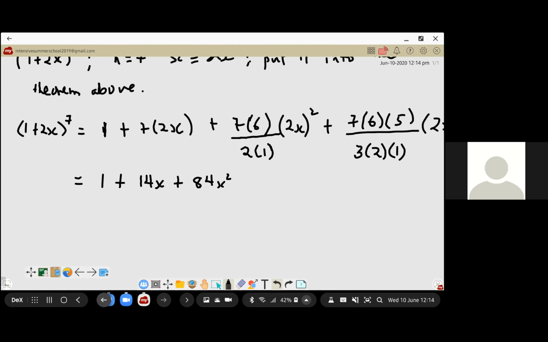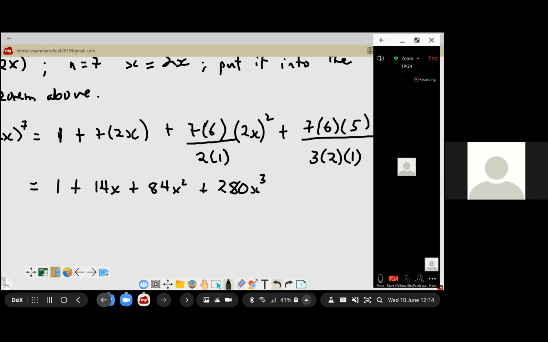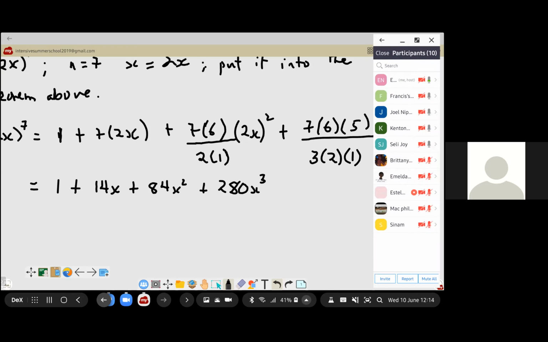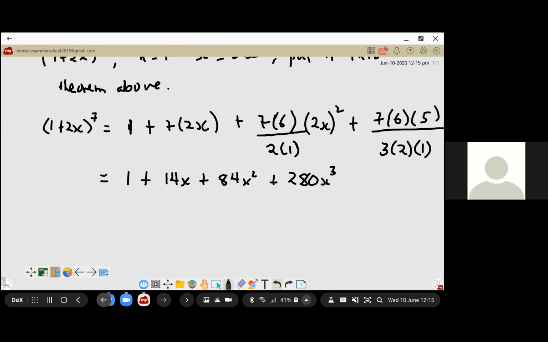Plus 280x cubed. So this will be our answer. (1 + 2x)^7 is equal to 1 plus 14x plus 84x squared plus 280x cubed.